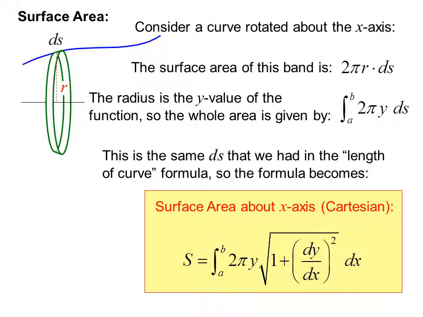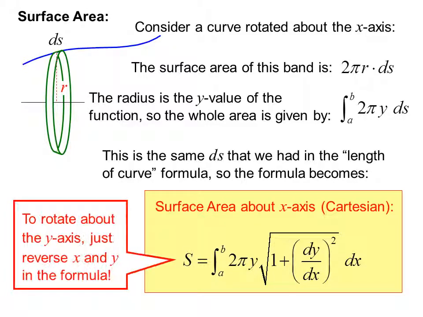To help remember the formula, remember that this is just the circumference, which is 2 pi r, or since r is y, it's 2 pi y, times the length of the curve. To rotate about the y-axis, just reverse x and y in the formula.